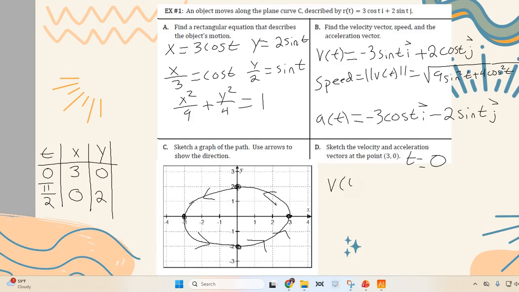So v of 0 equals, I'm going to go ahead and write this in vector form. What is sine of 0? And cosine of 0? So we get, okay.